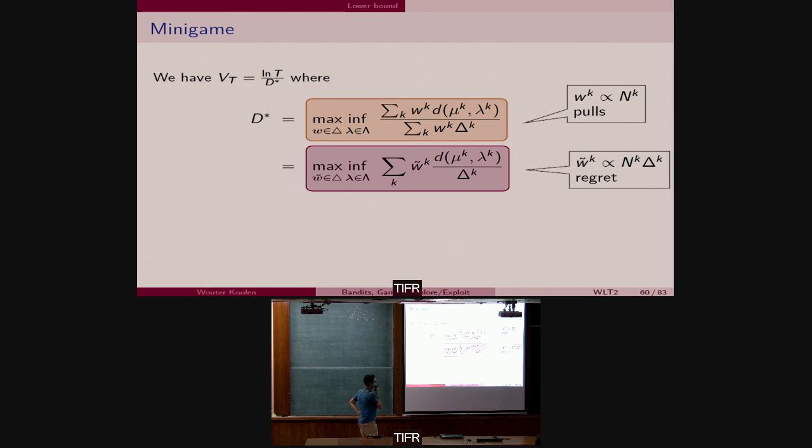Okay? So it will be convenient to rewrite it slightly. The reason is that this is now not a nice function of W anymore. Right? W appears top and bottom. So it may still be quasi-convex, but it's not convex. So we really don't like it. So let's parameterize instead by the proportion of regret of every arm, instead of the proportion of samples that you put. Once you do that, it becomes linear in the new W tilde.